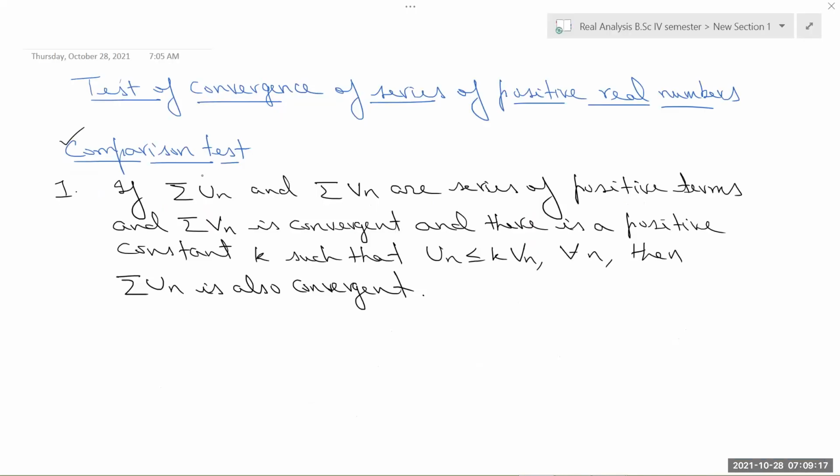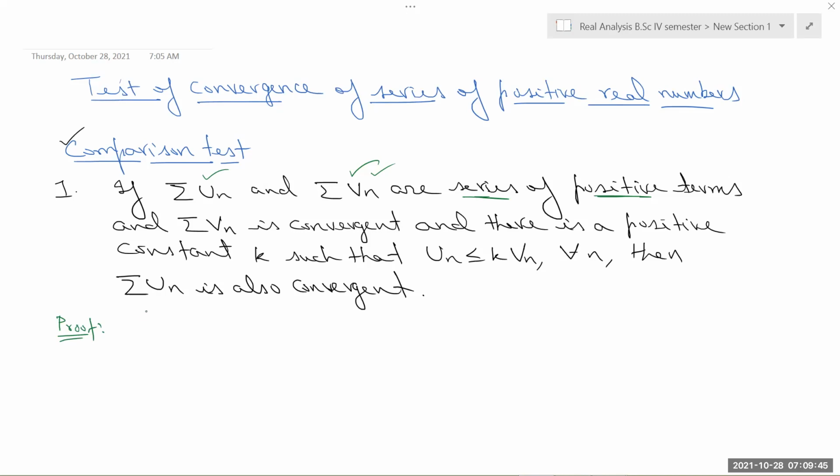If un and vn are two series of positive terms, remember here I am discussing this for series of positive terms, and if summation vn is convergent, and there is a positive constant k such that un is less than or equal to k times vn for every n, then summation un has also to converge. So let me discuss here its proof.